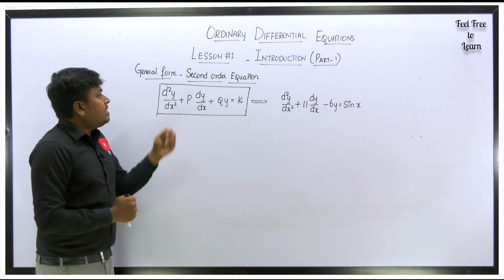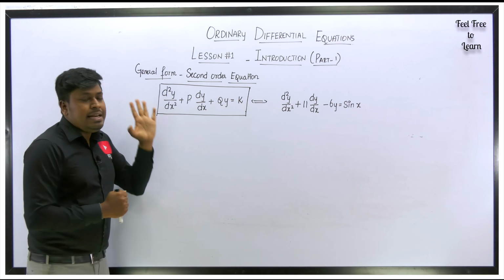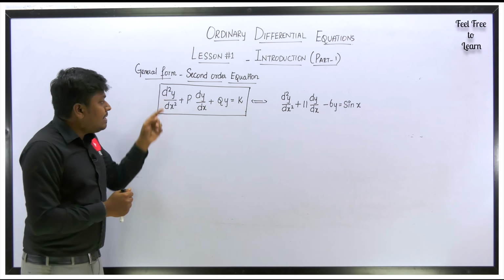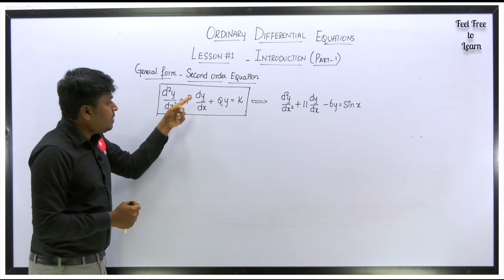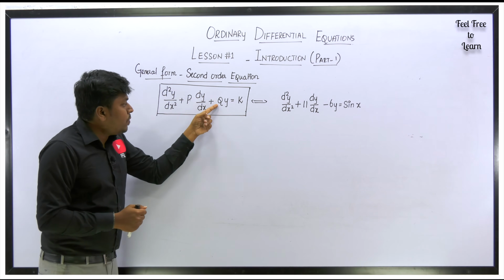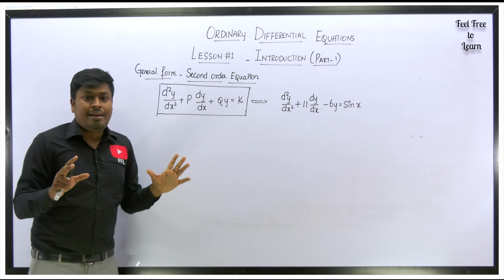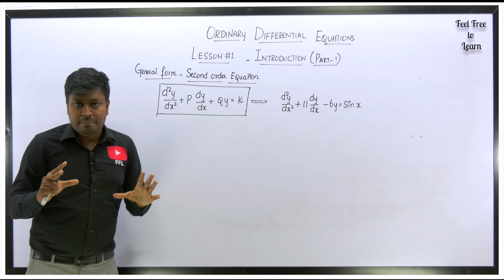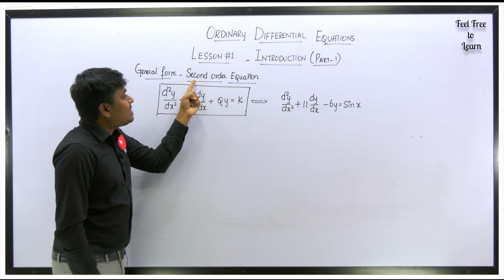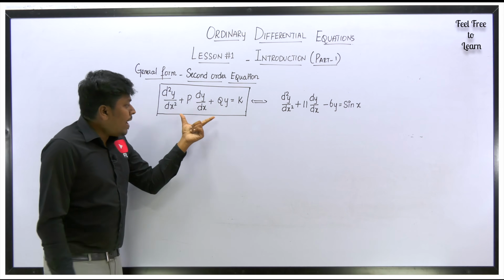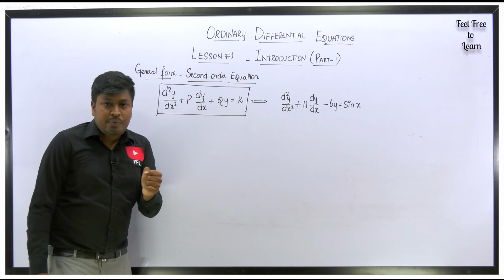See here, this will be the general form of a linear differential equation: d square y by dx square plus p into dy by dx plus q into y is equal to k. Here it is denoted by another word called second order equation. Why is this called a second order equation?